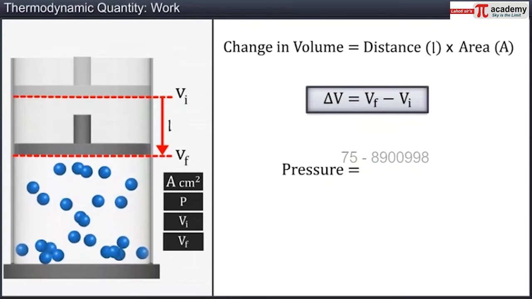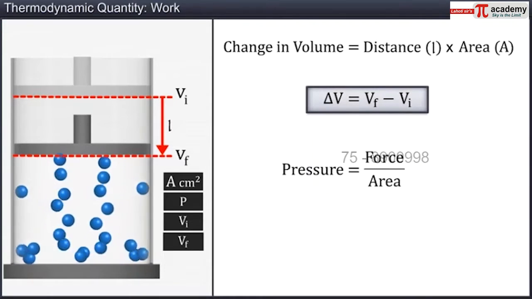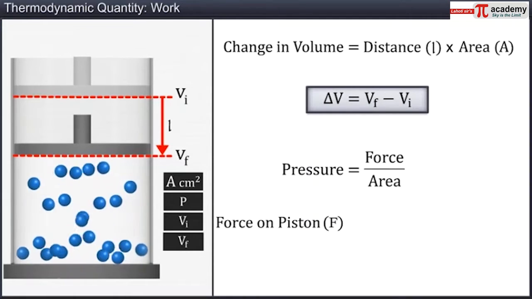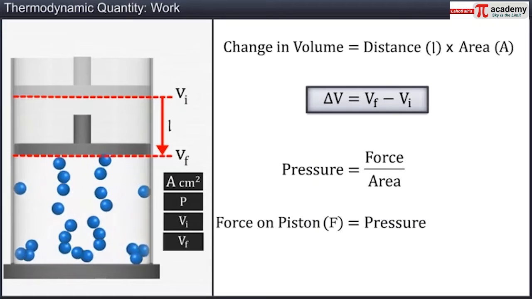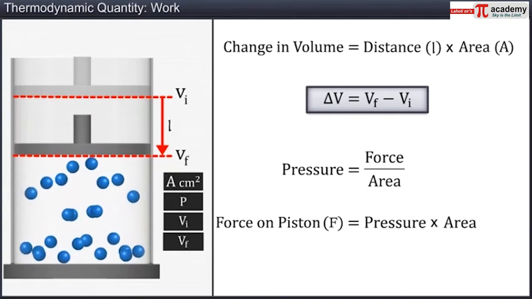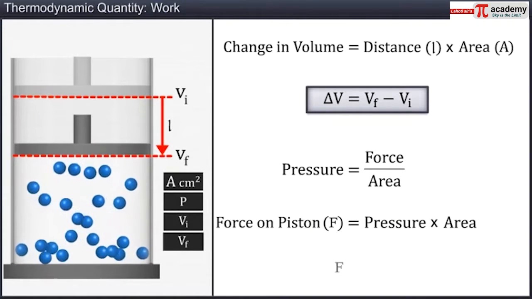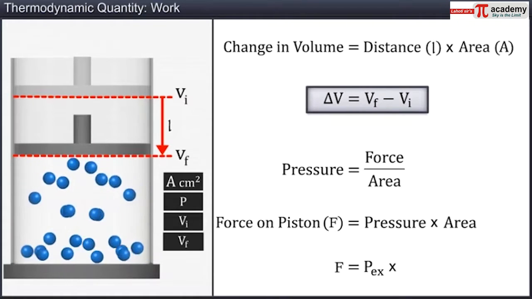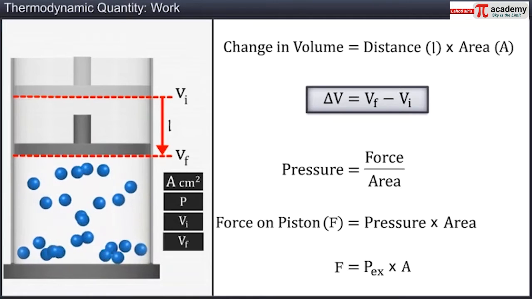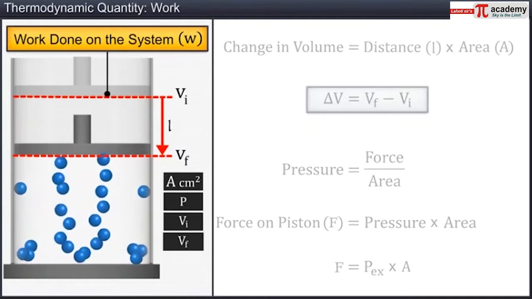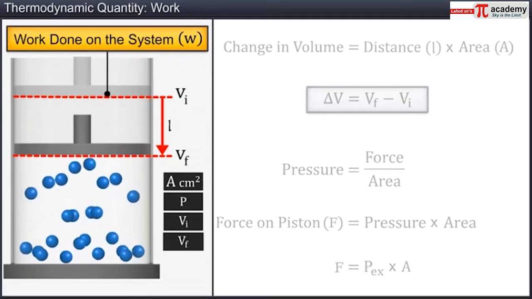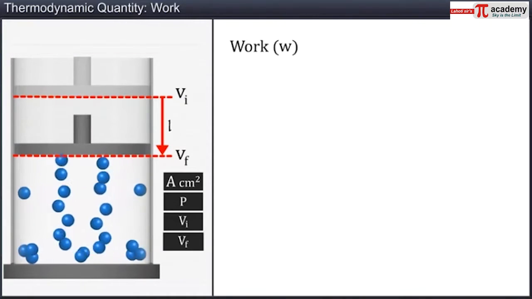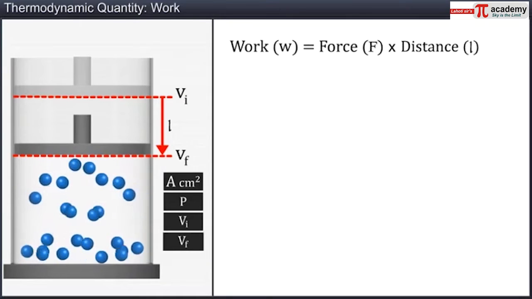We know that pressure equals force divided by area. Hence, the applied force F on the piston equals pressure multiplied by area. That is, the applied force F equals external pressure Pex multiplied by the area of cross-section A. If W is the work done on the system by the movement of the piston, then work equals force multiplied by distance.